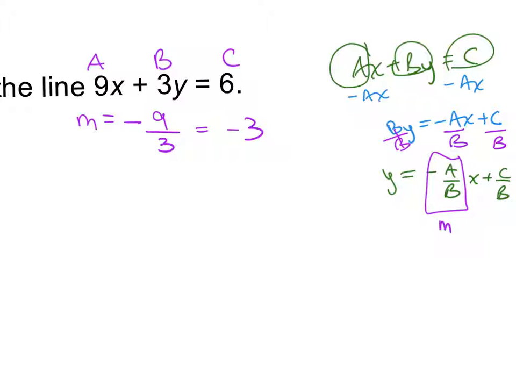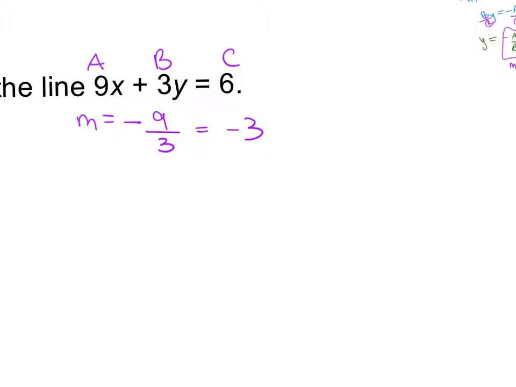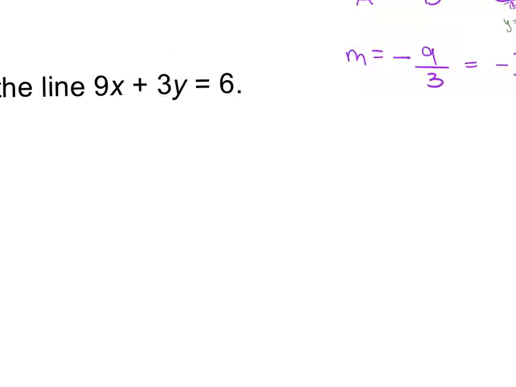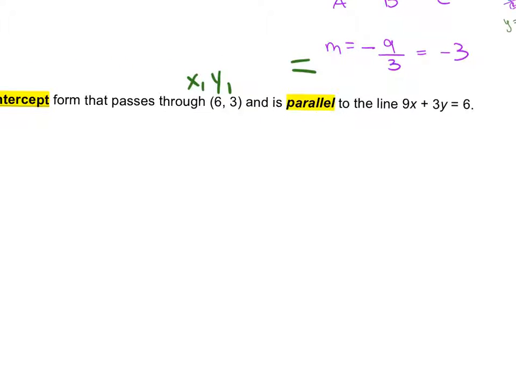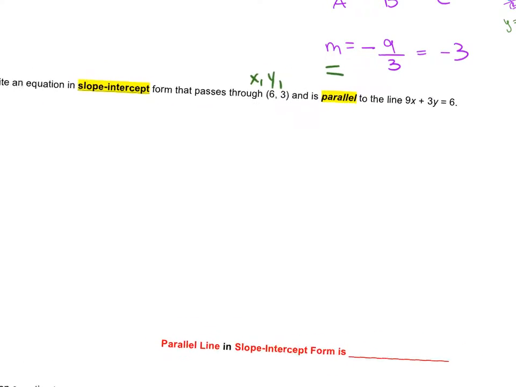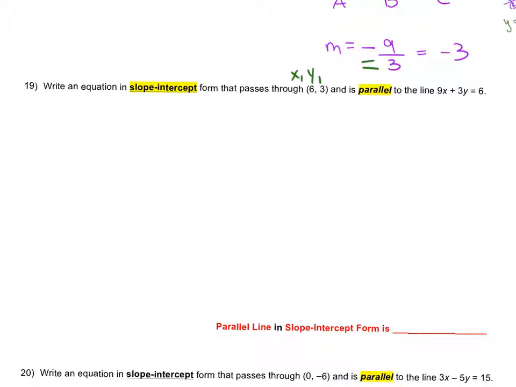If you don't remember that, or if you're like, no, I just like to translate it into y equals mx plus b, that's fine. You can do that as well. To transform this equation into y equals mx plus b so that you can actually see what the slope of that line is, you would take 9x plus 3y is equal to 6. You would be minusing the 9x, and you would get 3y equals negative 9x plus 6.